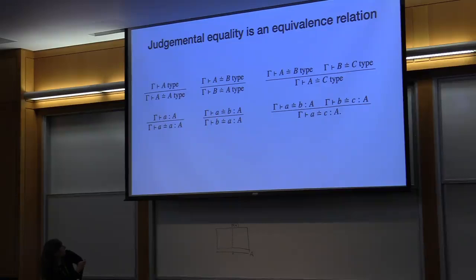So if I have little a, then it's judgmentally equal to itself, and if I have little a and little b, then I can swap their order. And then there's transitivity. If I have A equals B and B equals C, then A equals C, and I'll say judgmentally once, and for both types and terms, okay? This shouldn't be very surprising. It's an equality, so we want it to behave as an equality.